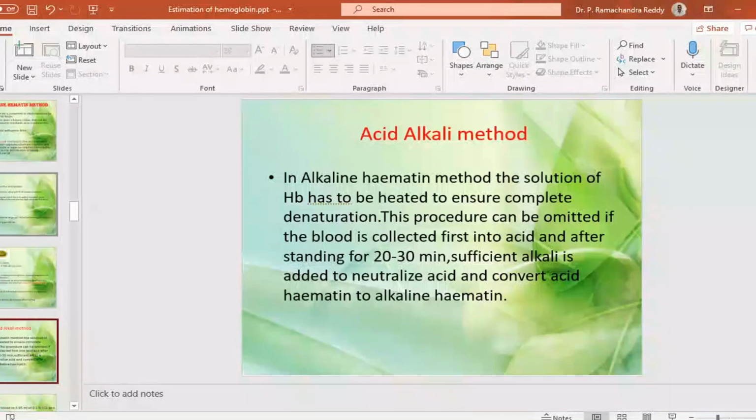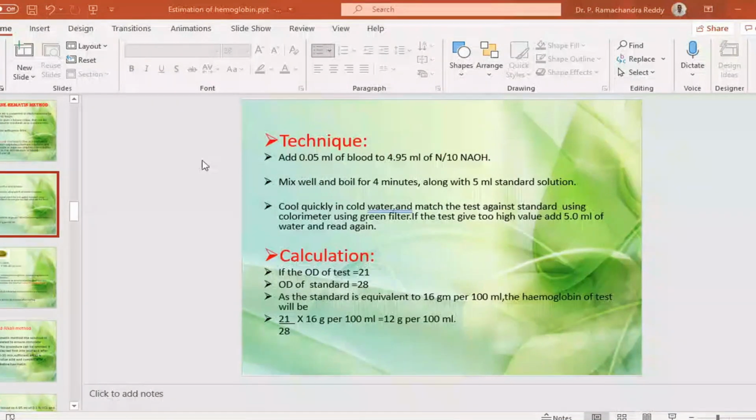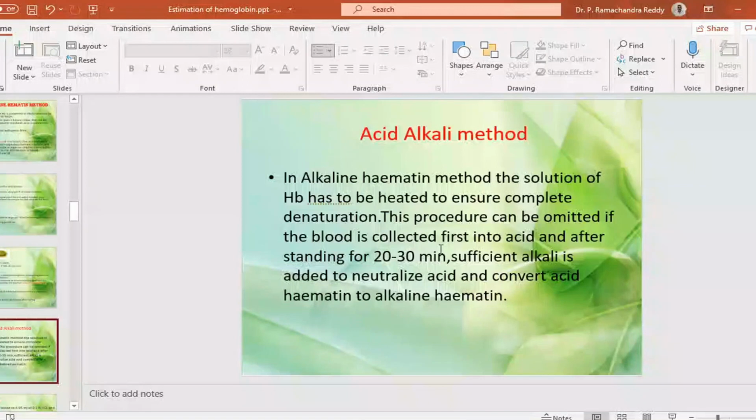The blood will be collected, and the collected blood will be immediately placed in the acid tube. That is what we are doing in our experiments, right? When you are doing the hemoglobin estimation, we immediately place the blood sample into the acid, is it not?